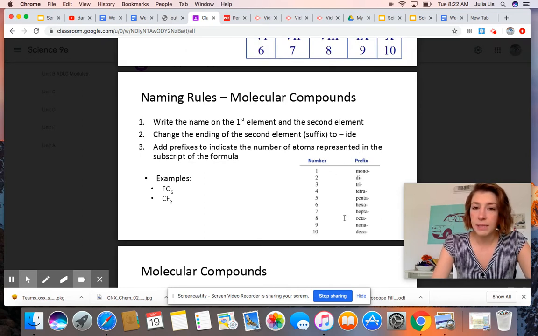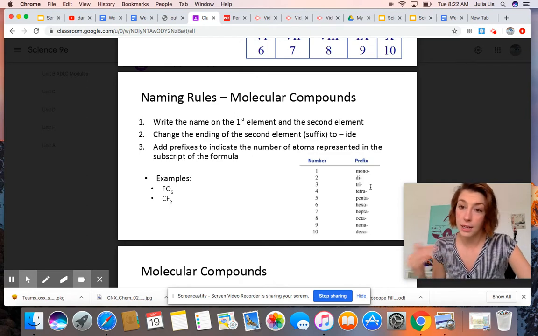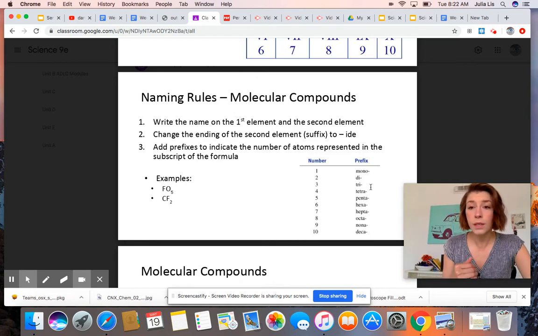And so what this means is if you ever have one atom of something, you would put mono in front of it. If you have 2, you would put di. And remember when we were talking about diatomic molecules, so examples being like hydrogen and nitrogen, that they're always found in pairs of 2, that di means 2.